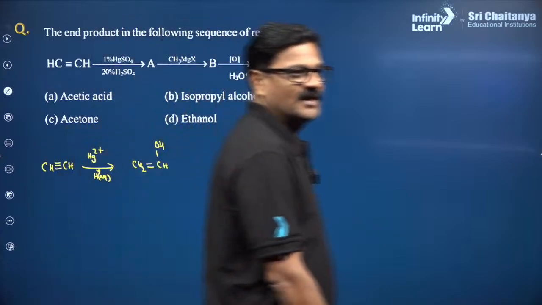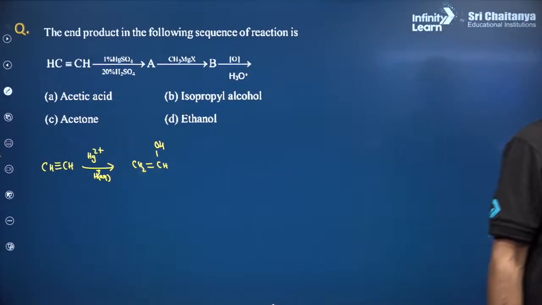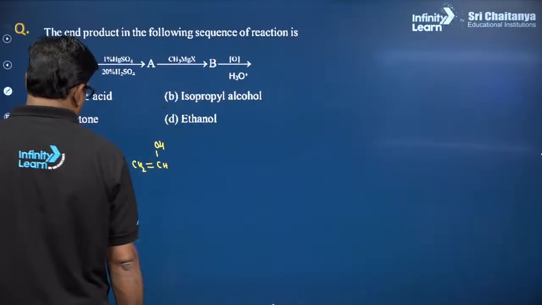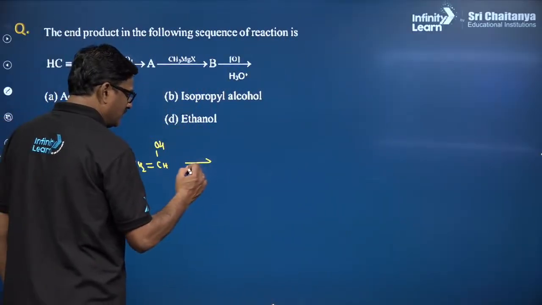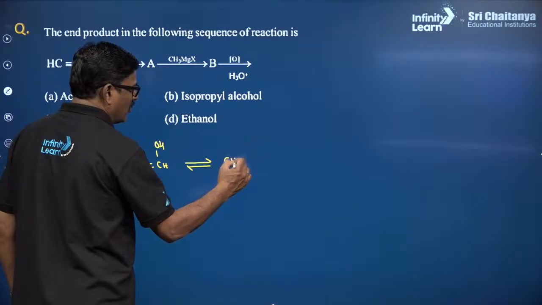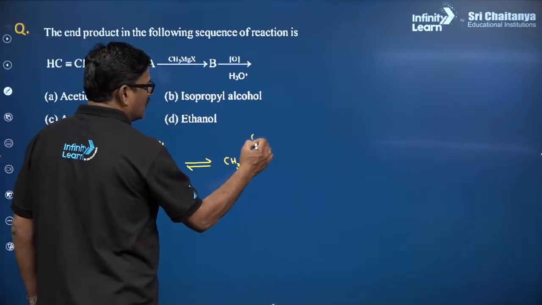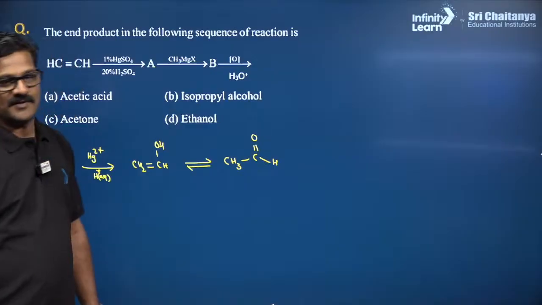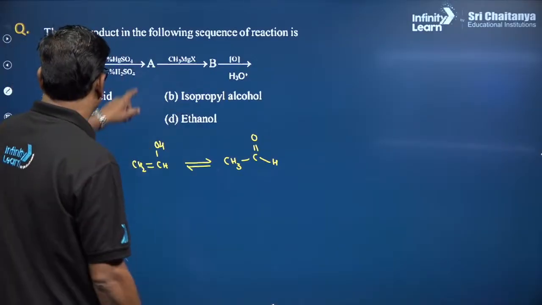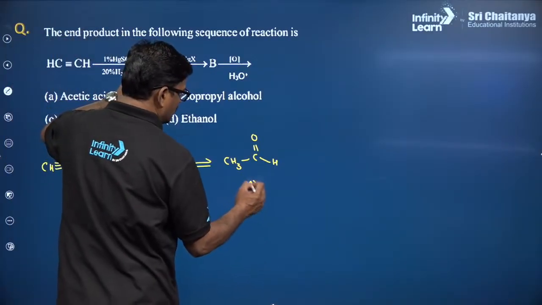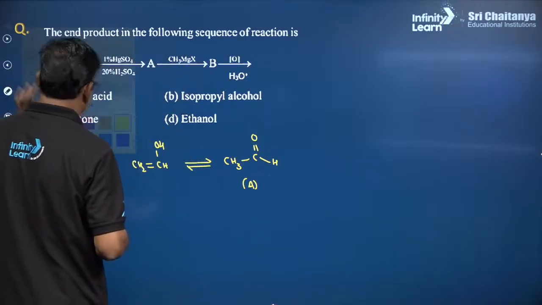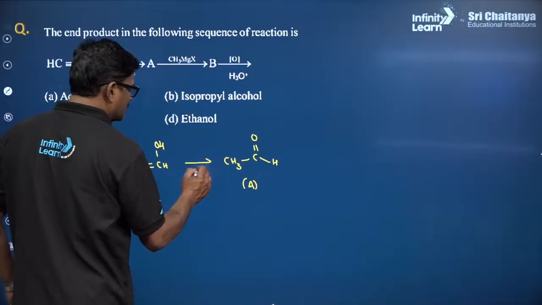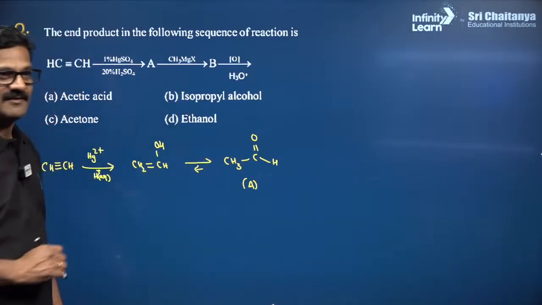Hi Monica. Krishna, you came late. Now it undergoes tautomerization. When it undergoes tautomerization, you get CH3CHO, acetaldehyde. This acetaldehyde is nothing but your A. So the equilibrium mostly exists on the right side, not on the back side. That's the reason why it is going to be the major product.